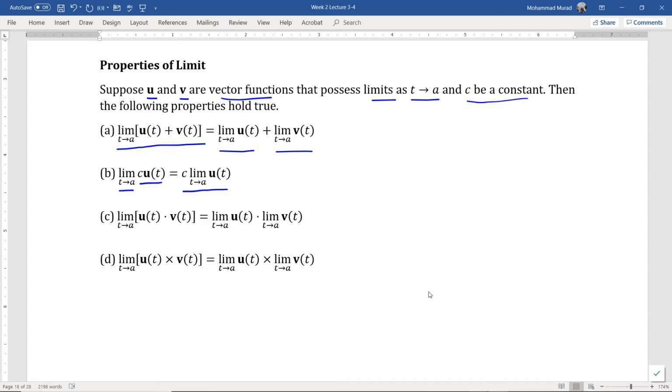The limit of the dot product of these two vector functions u and v is exactly equal to the dot product of the limits of those vector functions. Similarly, D reads: the limit of the cross product of two vector functions is exactly equal to the cross product of the limit vectors.